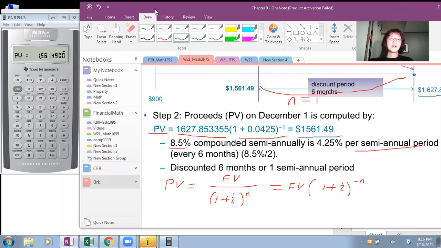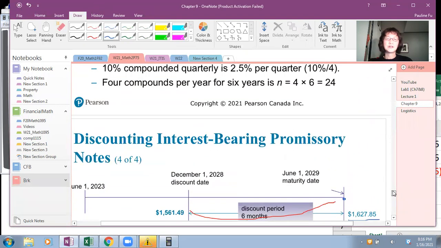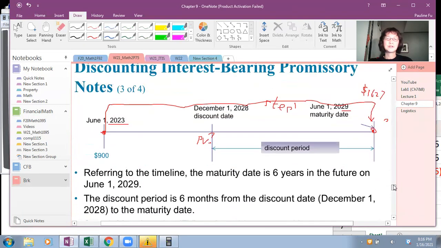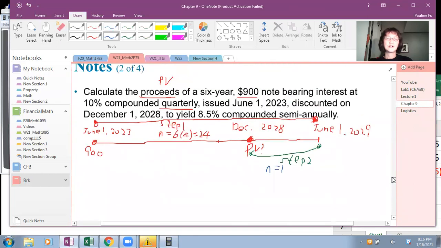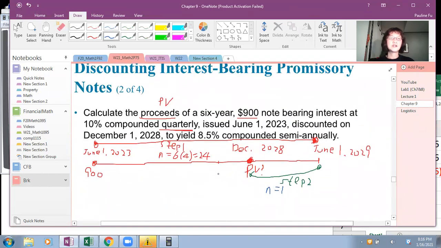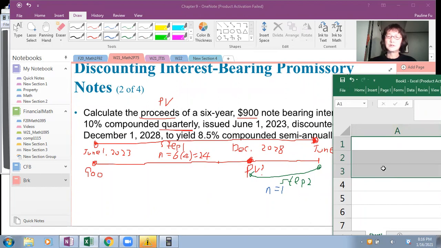Similarly, you can use Excel. Go back so that you see the numbers. Here, this is the original question. I will use Excel. In Excel, I will first do step 1. What is the value here?